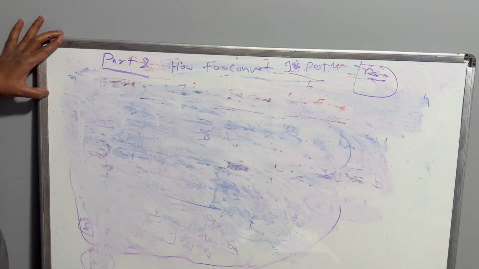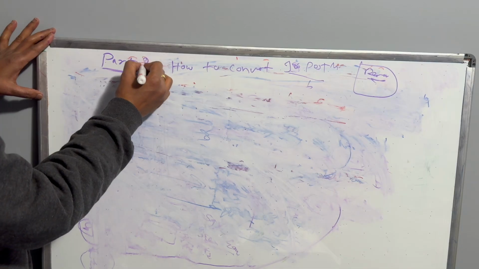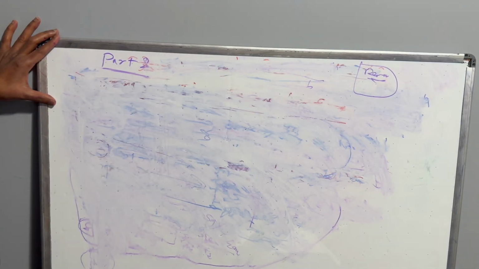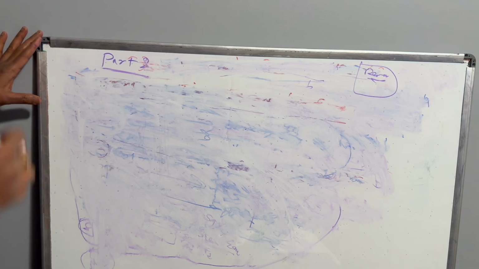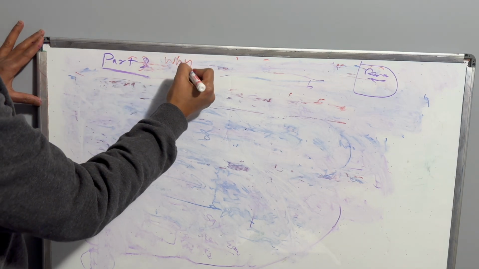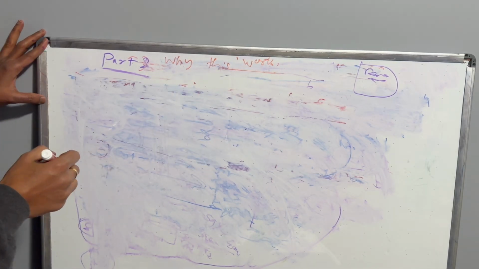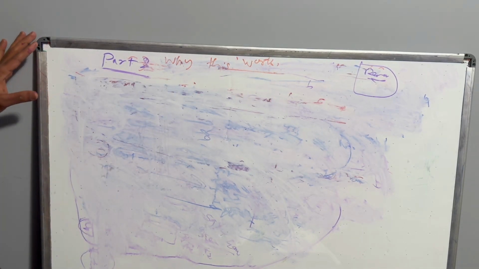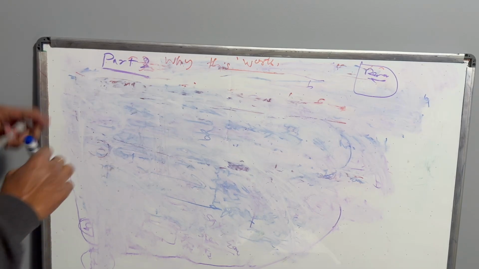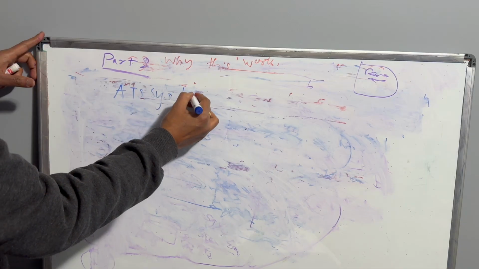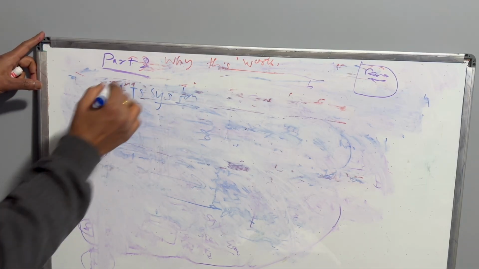Now the final part, last part 3. Let's understand why this works. Okay. ATS system, you heard, right? Application tracking system. I don't think you can see, but I'm just reading, okay?